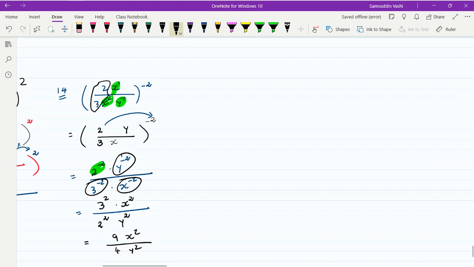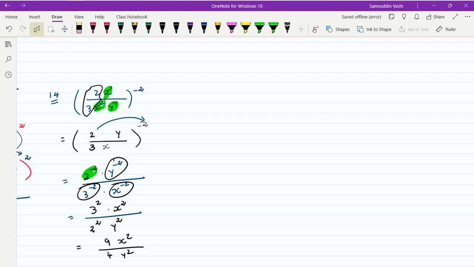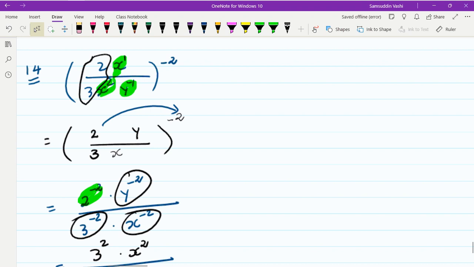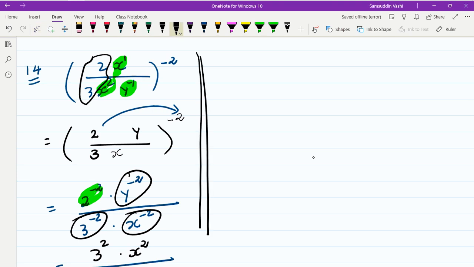There is another method also when you have a power. Right. So I'm doing that method right now. Right. If it is all multiplication and division, I can start applying the power. Right. So I'm writing the question again. Right.